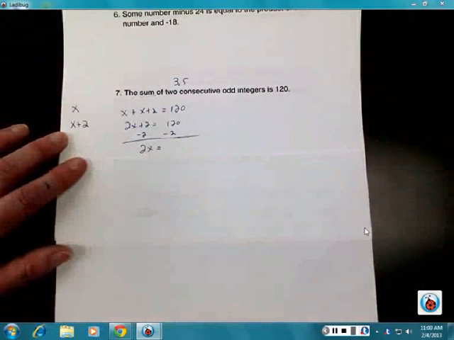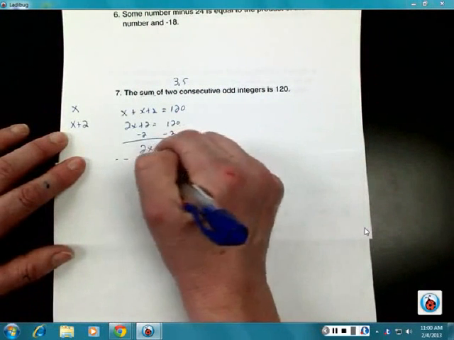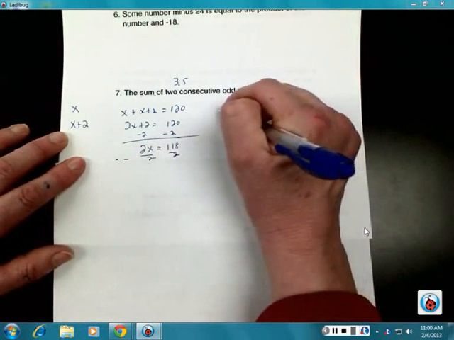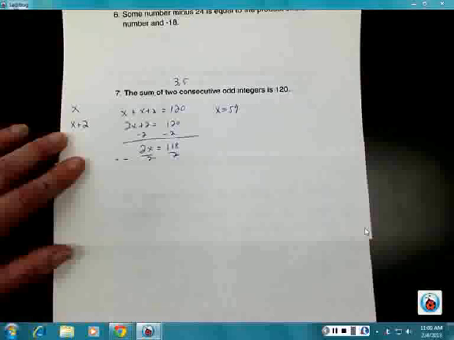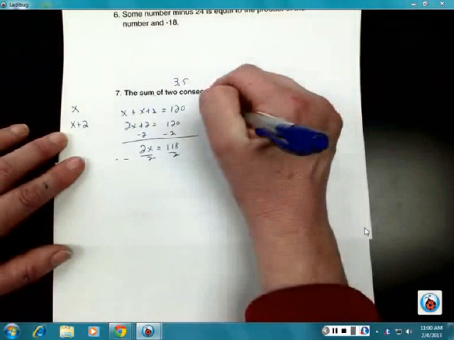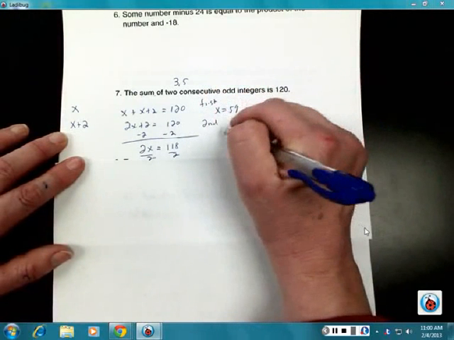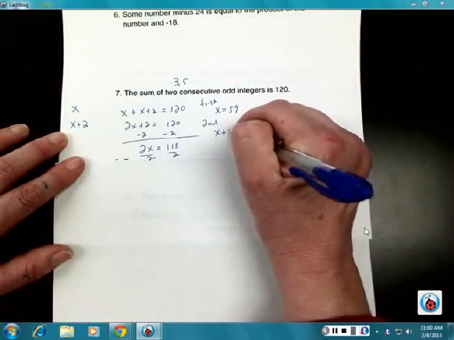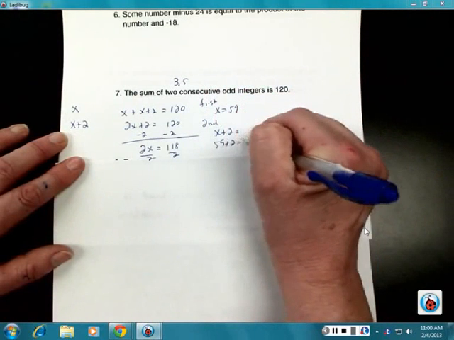So 2x equals 118. Divide by 2. So x equals 59. So what are the two integers? 59 and... 61. x plus 2, so 59 plus 2 is 61.